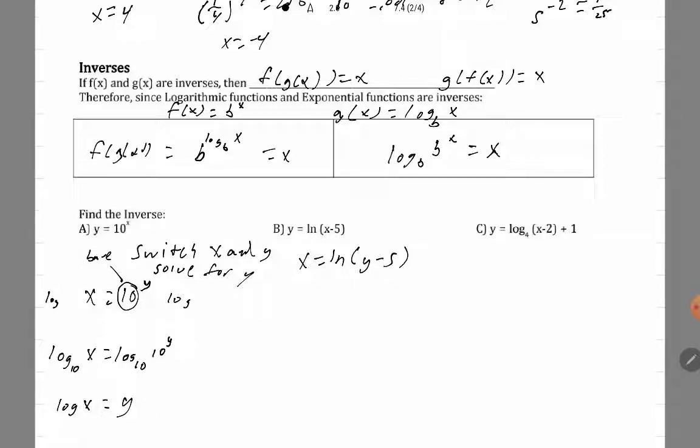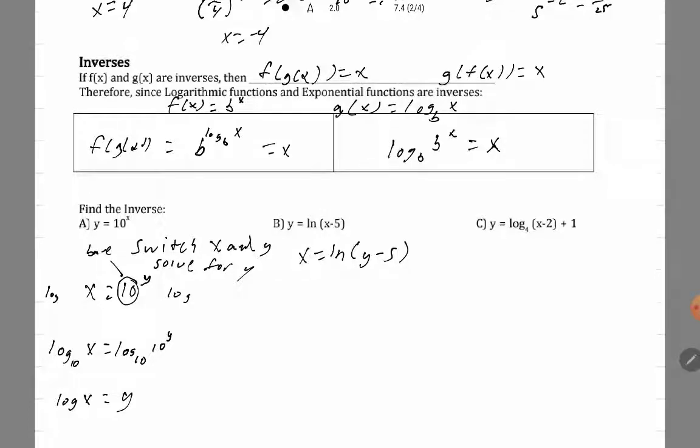Okay. Part B. So I switch my x and y, and then the inverse of ln is e. So I'm going to do e to both sides.